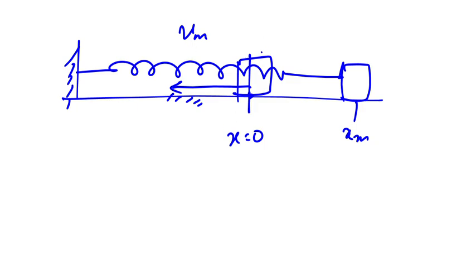So what is happening? From here to here, this block is being moved and the potential energy of this system is rising. After moving here, let's make the system free from any external force. Then this block will start moving this way.